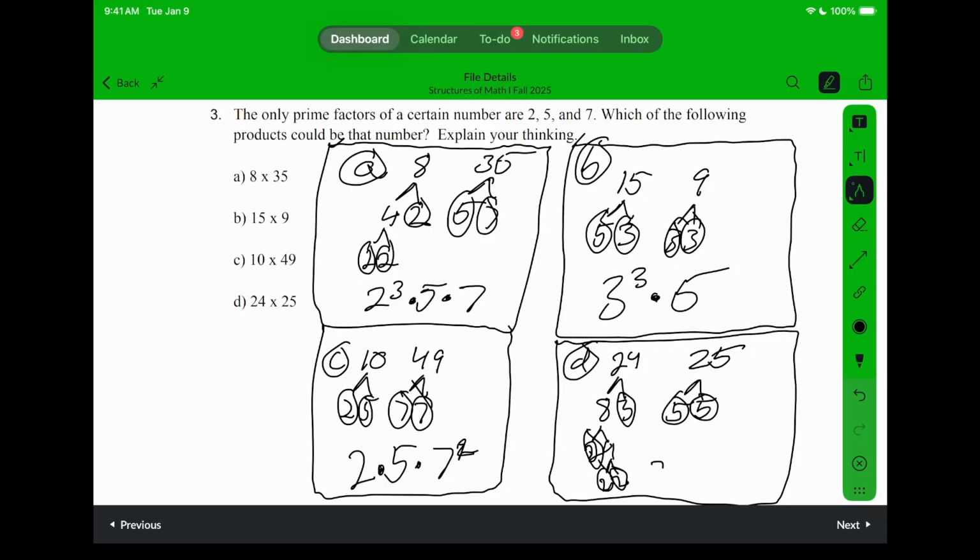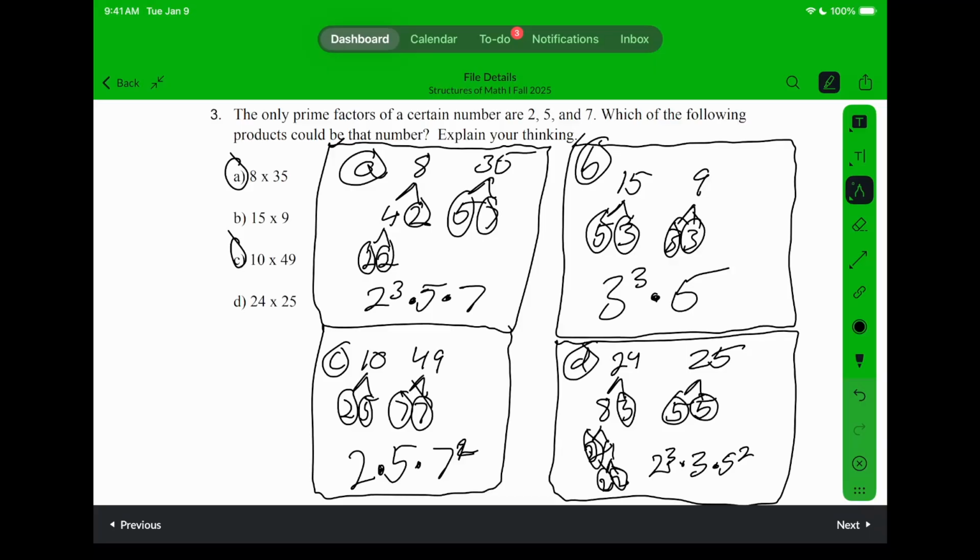So this one's 2 cubed times, remember I said don't add, times 3 times 5 squared. Looking at these, we're looking for only 2, 5, and 7. So I see A has that. I see C has that. I see B does not have that. And I see D does not have that.